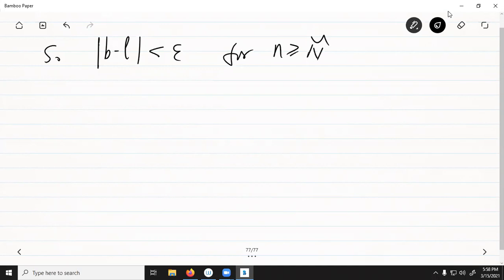That is the definition that the limit as n approaches infinity of bn is equal to L.